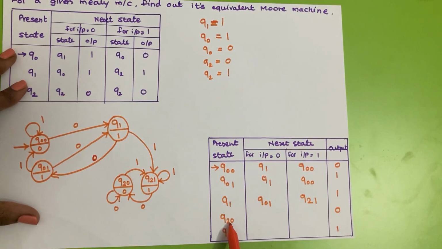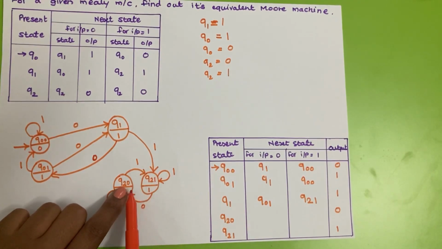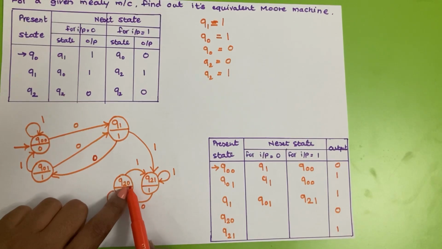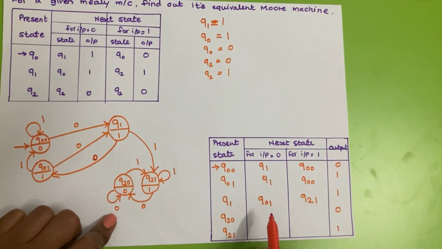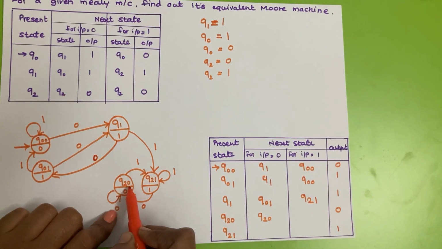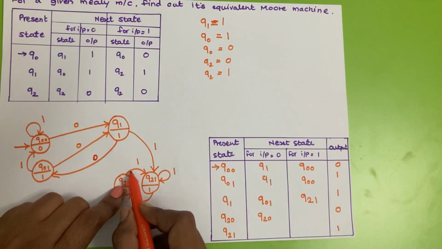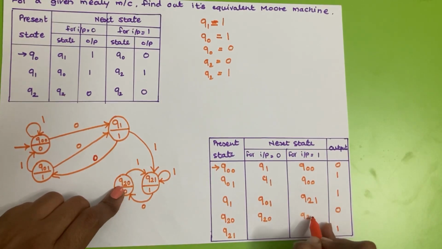Okay, for Q2 0, for input symbol 0, it will remain in the same state, that is Q2 0, and for 1, it will go to state Q2 1.